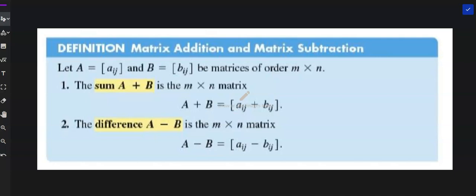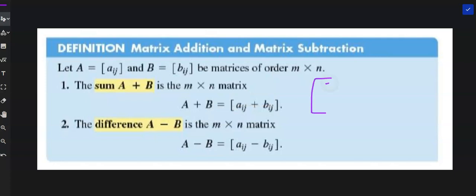Adding and subtracting is easy. All I do is subtract or add the corresponding elements. Now that's not going to be true when we get to matrix multiplication, but it is true for adding and subtracting.